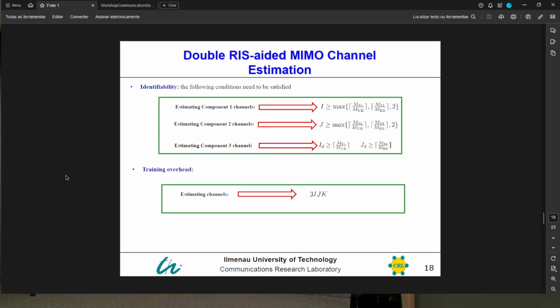conditions. From estimating components, the channels in component 1, we have that for accurate channel estimation in least square sense, the training sequence I of the RS1 should be equal or greater than the maximum of these elements in this bracket.